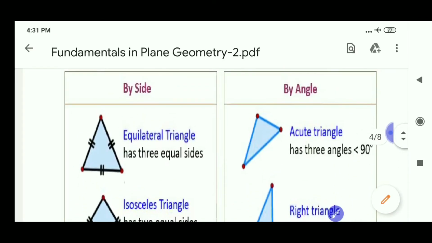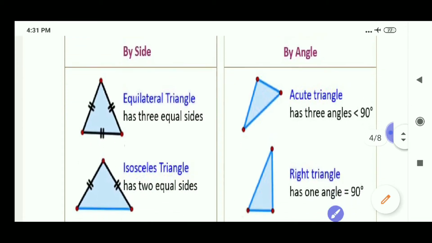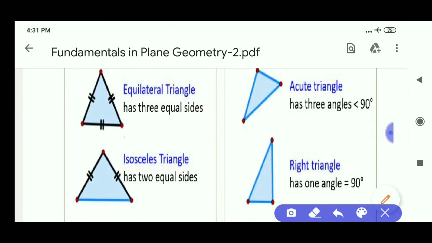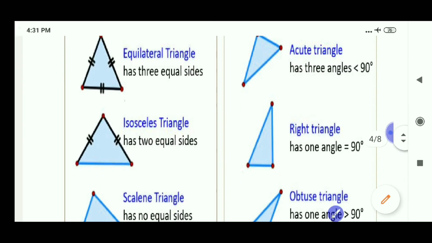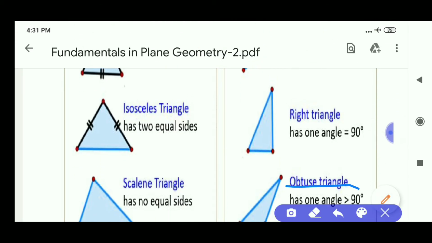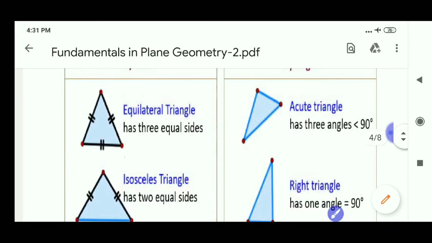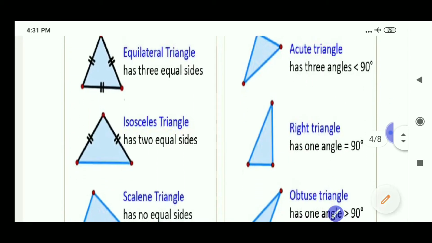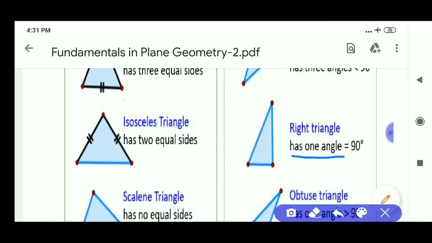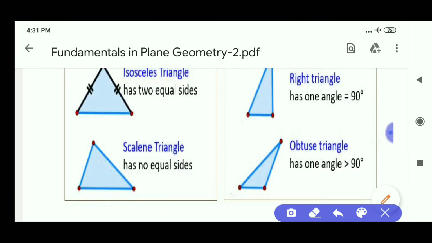According to angles, triangles are of three types. They are acute triangle, right triangle and obtuse triangle. In an acute triangle, each angle is less than 90. In a right triangle, one angle is equal to 90. In an obtuse triangle, one angle is greater than 90.